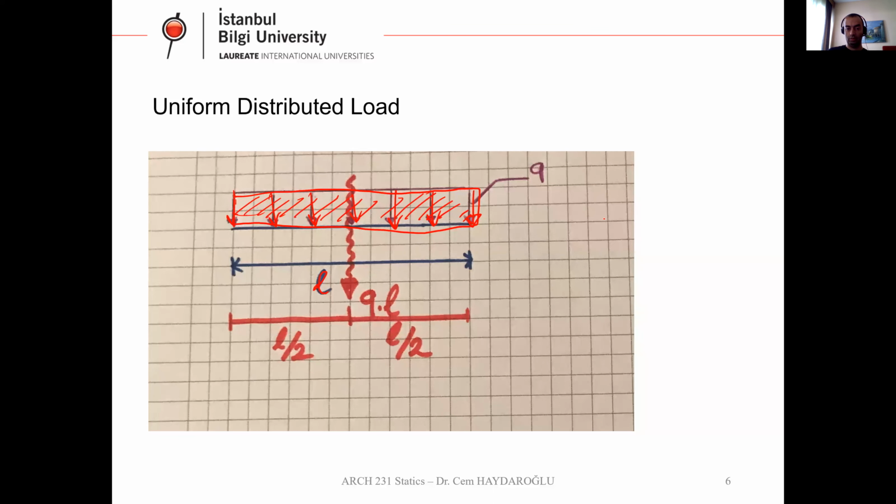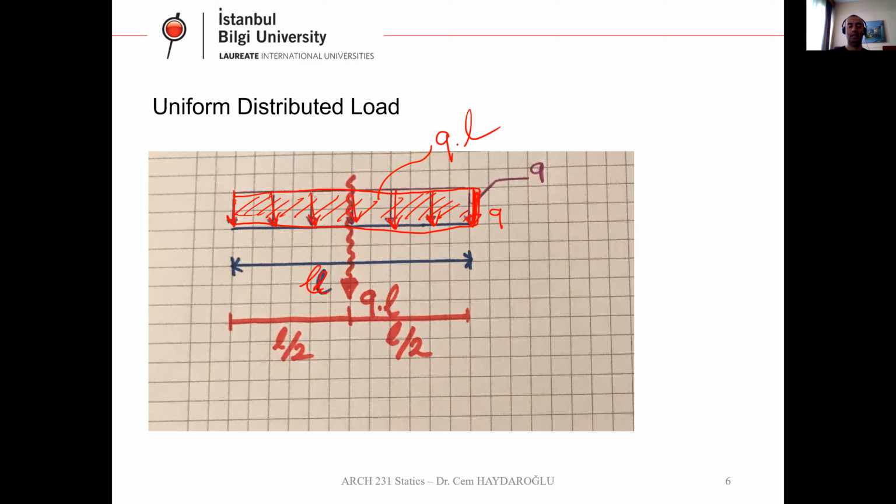Here, the magnitude of the uniform distributed load is Q. This length is L. So the area is Q times L. The area of this uniform distributed load gives me the magnitude of the concentrated load. If I convert this uniform distributed load to a concentrated load, the magnitude of the concentrated load is the area of this distributed load. Okay, this is the first thing.